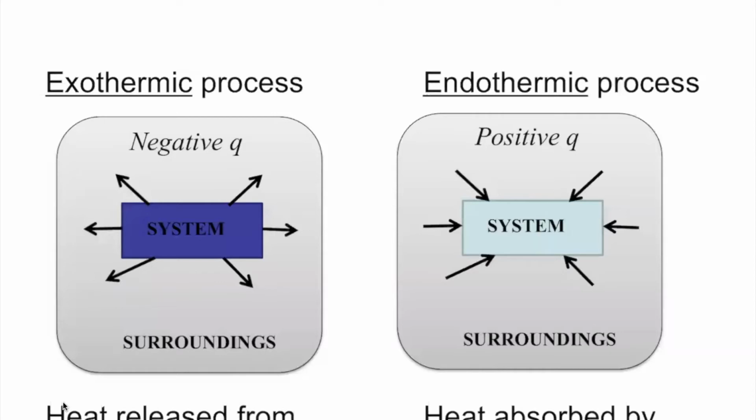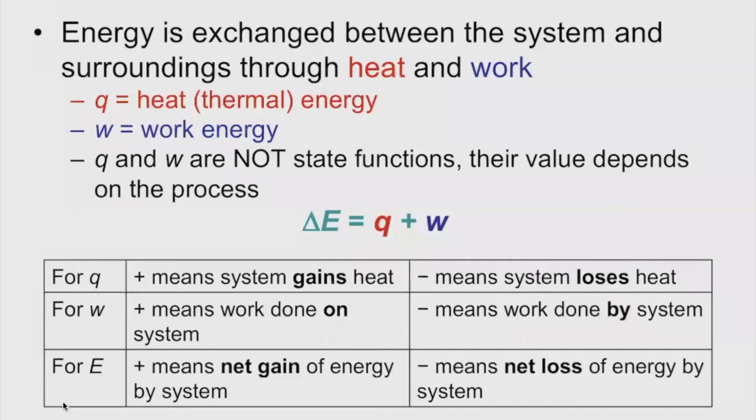To summarize this whole process of exchanging energy, we're going to have this chart, which is going to help you identify when Q is going to be positive. So when Q is positive, that means that the system gains heat. When Q is negative, that means that the system is losing heat.